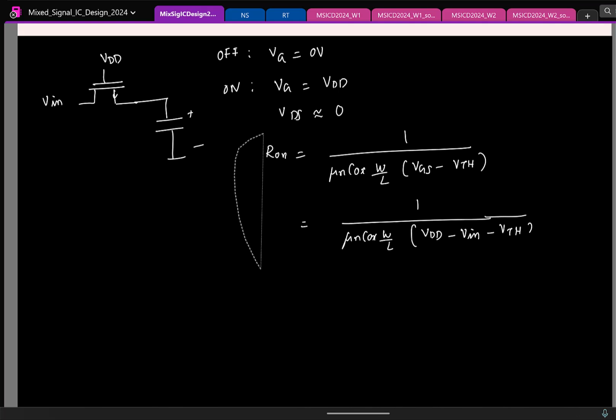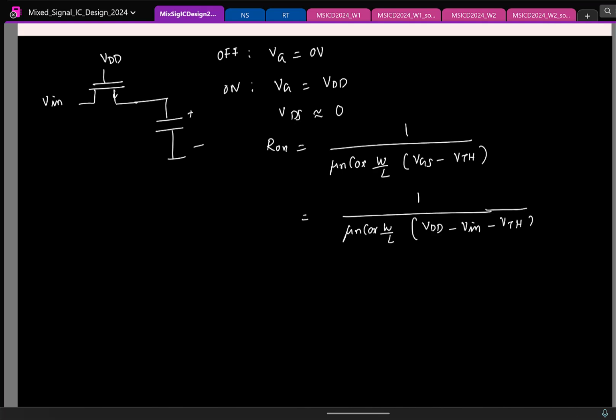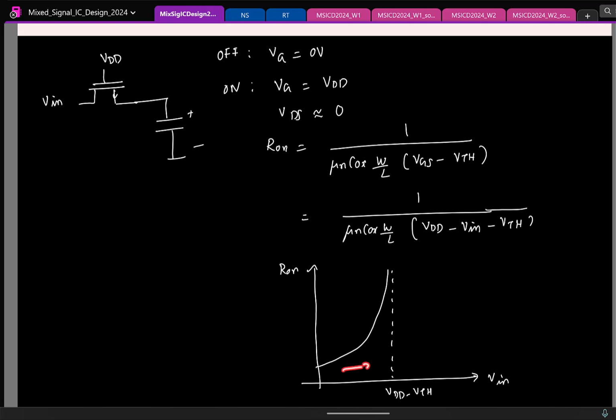So now if I try to sketch the on resistance as a function of the applied input voltage, this is a simple shifted hyperbola. So it asymptotically goes to infinity at this voltage. As the input voltage gets closer and closer to VDD minus VTH, the on resistance is large, so this is not passing my input as it should.